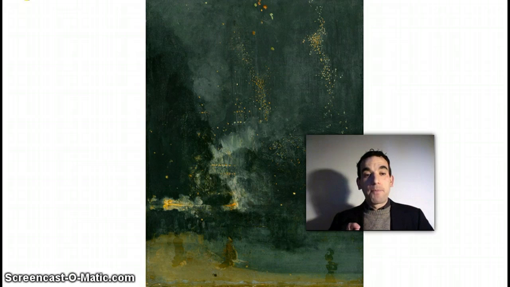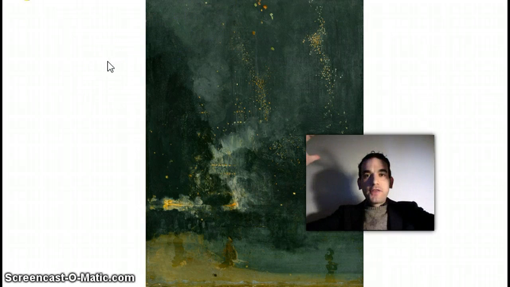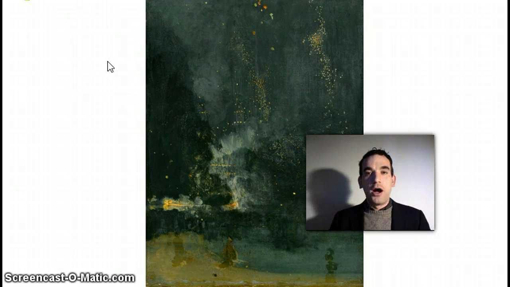Whistler is the perfect example of this penchant in artist creativity. He wanted to make a painting that was quite literally an image of an exploded firework, and the firework is exploding outside of the frame of the picture, and the falling ash onto the Thames River, or the River Thames, which is the river that cuts through downtown London.